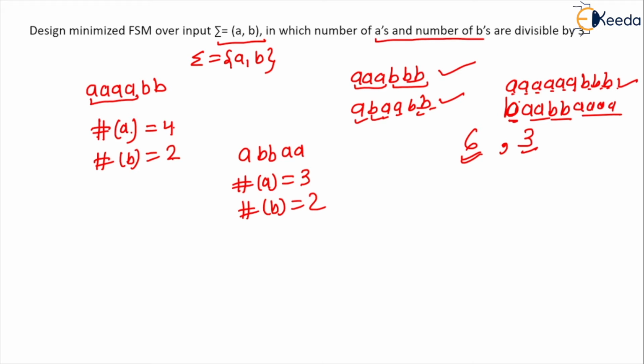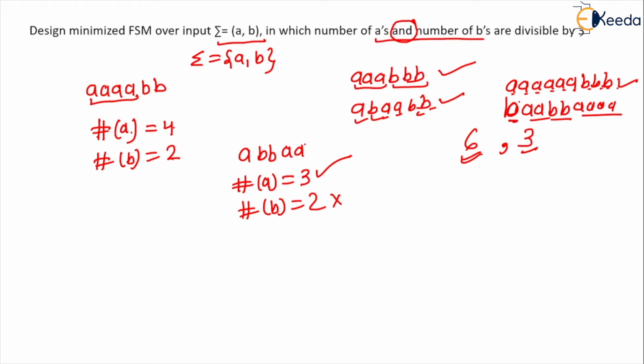So again this string is not accepted by our finite state machine. Because in our statement we say that both the number of A and the number of B must be divisible by 3, then such a string will be accepted. Got it? We just understood which type of string is accepted and which is not.